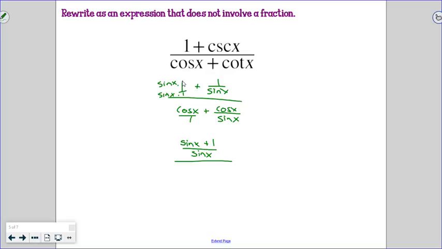Okay. In the bottom, this one gets a little ugly. Sine of x here to get our common denominator, which is going to give me a sine of x cosine of x plus cosine of x over our common denominator, sine of x.